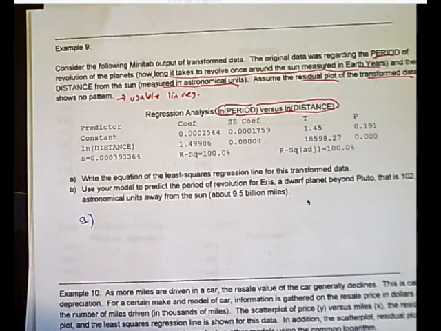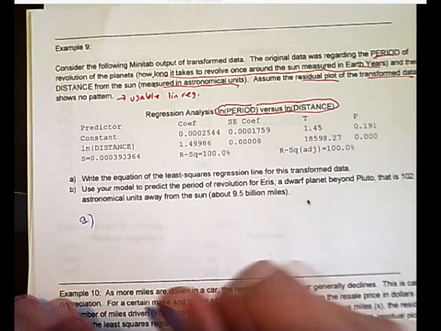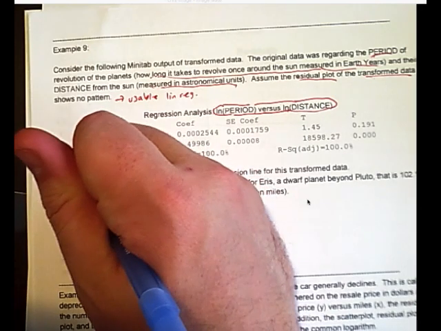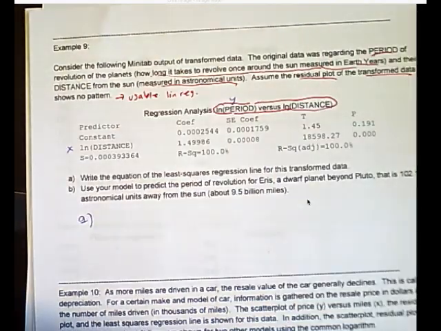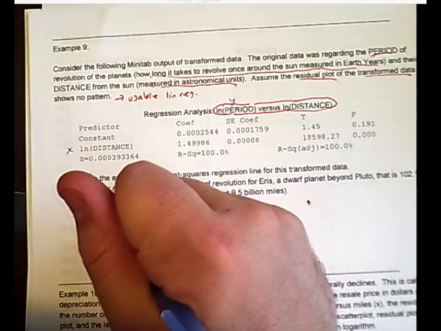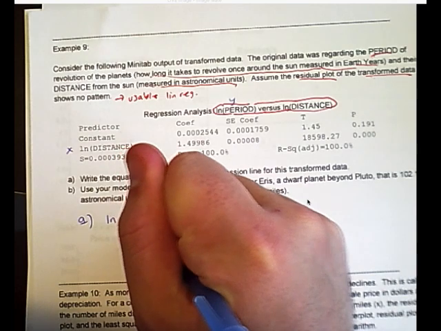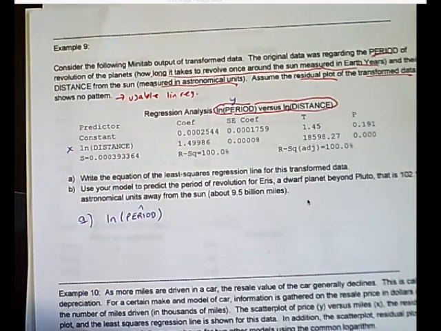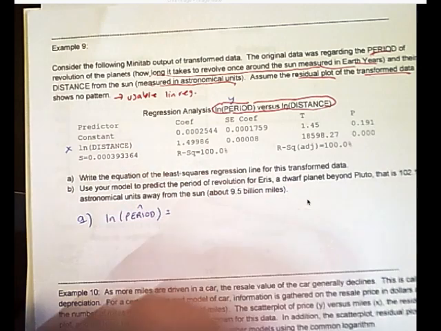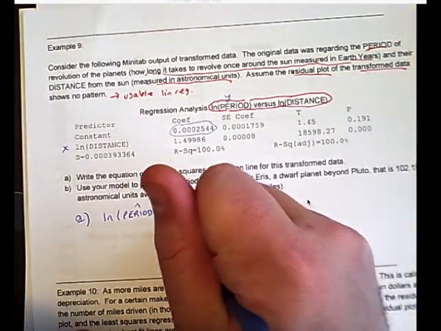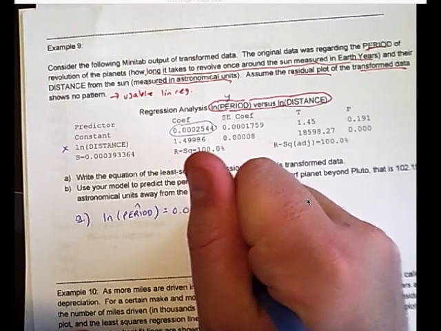It says, write the equation of the least squares regression line for this transformed data. Okay, well, usually we're used to doing y hat first. Well, this is x right here. Remember, this is the x variable, and that's the y variable. My y variable is period, but it's a prediction, so I need to call it period hat, equals y-intercept 0.00002544.